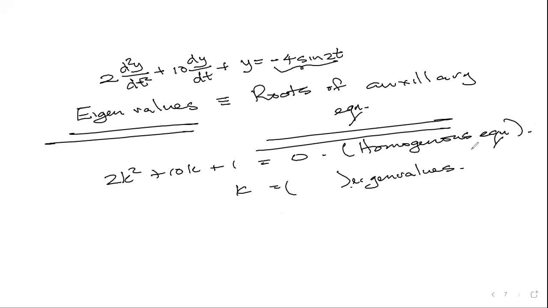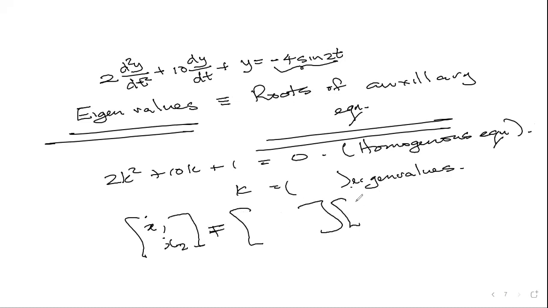If you were to put it in matrix form, the -4 sine 2t would be the input.